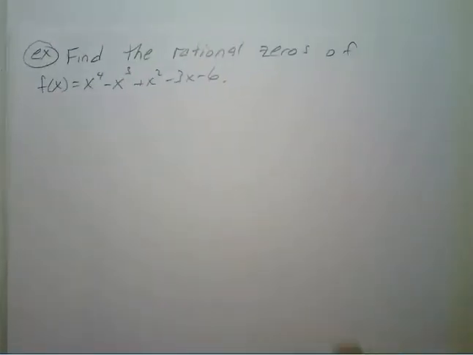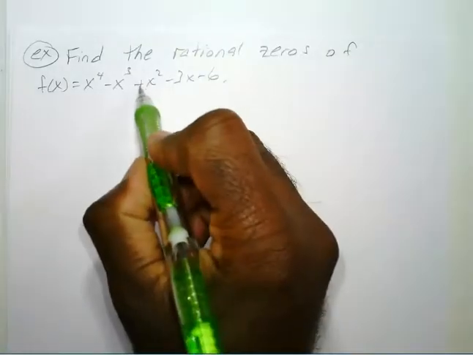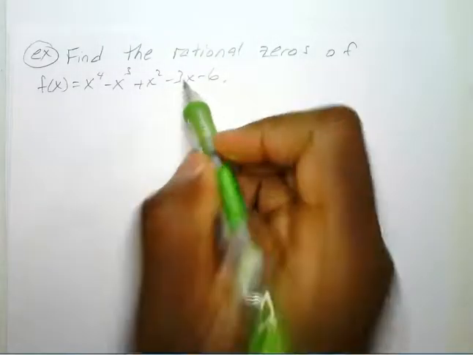What if we wanted to find the rational zeros of x to the fourth power minus x to the third plus x squared minus 3x minus 6?